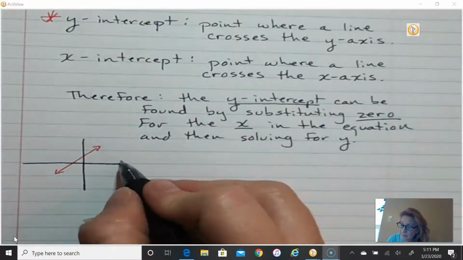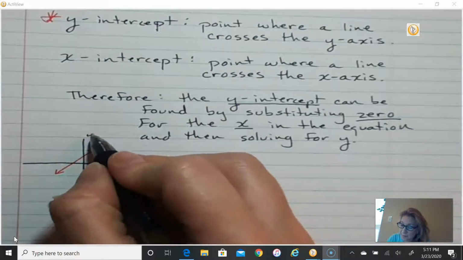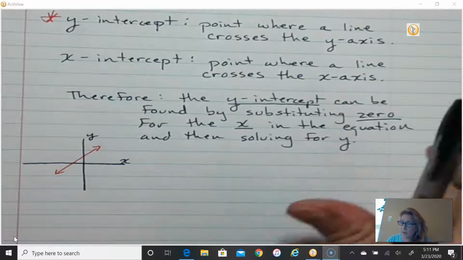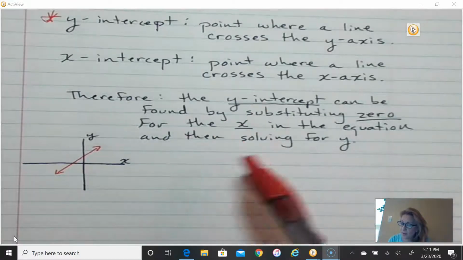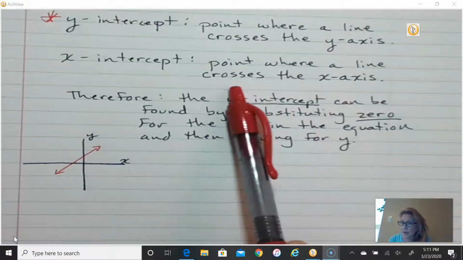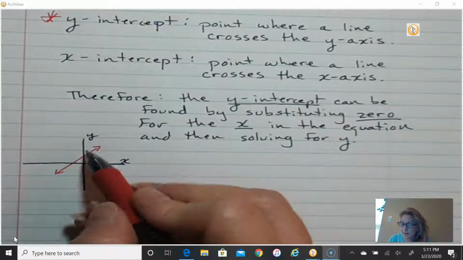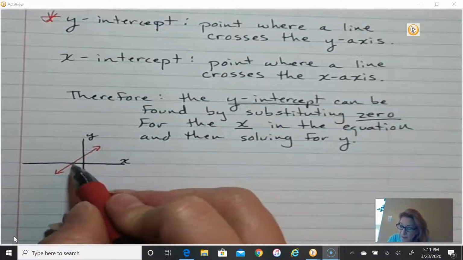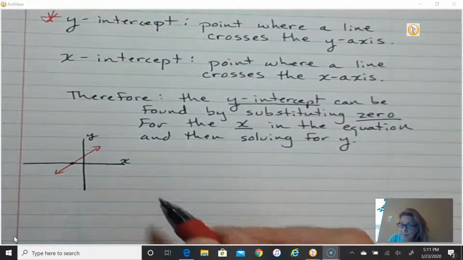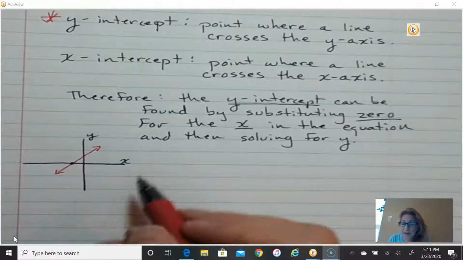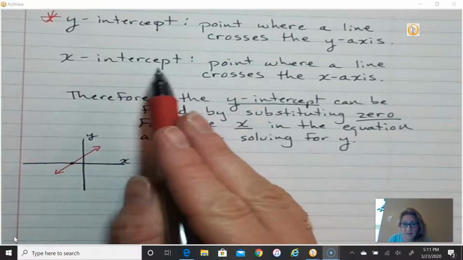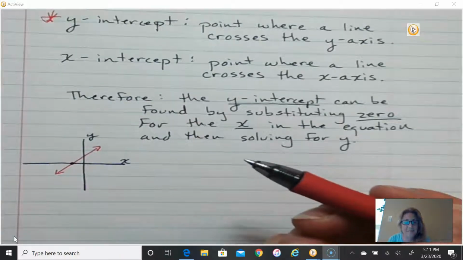This is your x-axis. This is your y-axis. So look here, the point where a line crosses the x-axis, here's the line. It crosses the x-axis right here. That is the x-intercept. Does that make sense now?